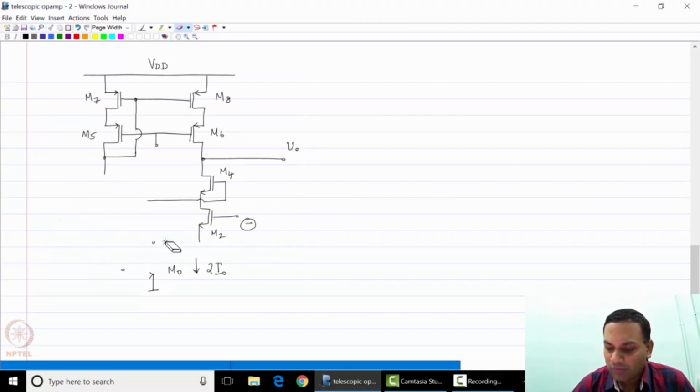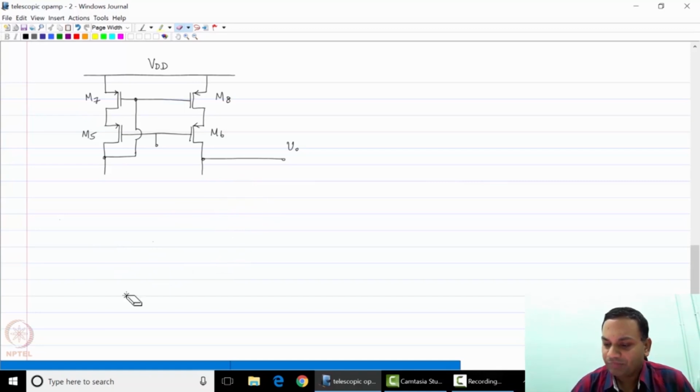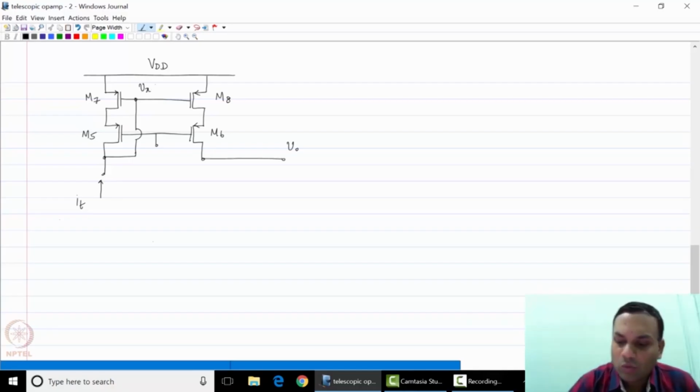So we want to find out what will happen if you were to apply a current I test going into this particular current mirror, because we want to find out what Vx is generated at this node. So if I were to excite this current mirror with I test, I want to find out what the input impedance of this particular structure is.